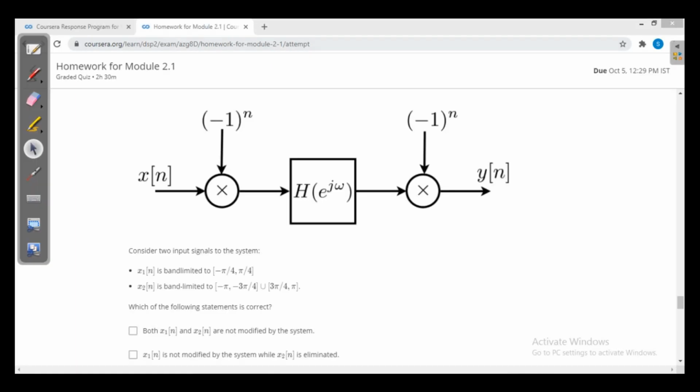Now the 12th one. So again the x1 of n, which is band limited to minus pi by 4 to plus pi by 4. Okay. Now we need to check which signal is allowed and which is attenuated by this system.